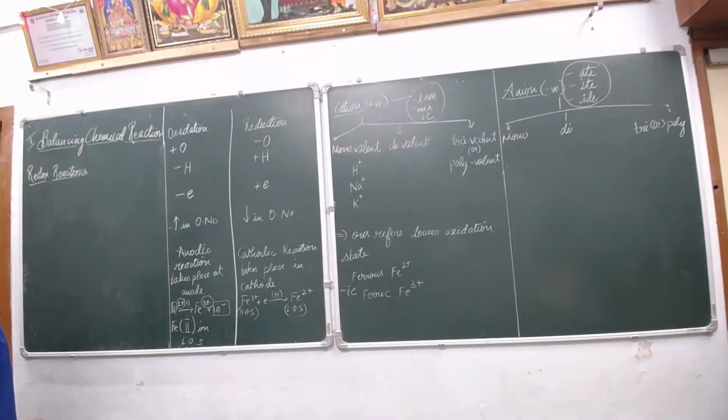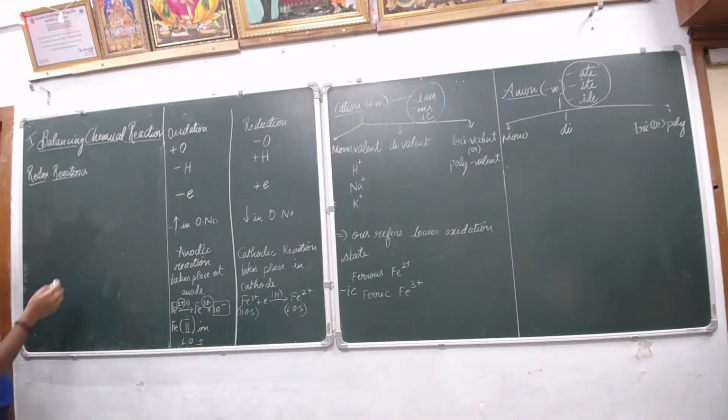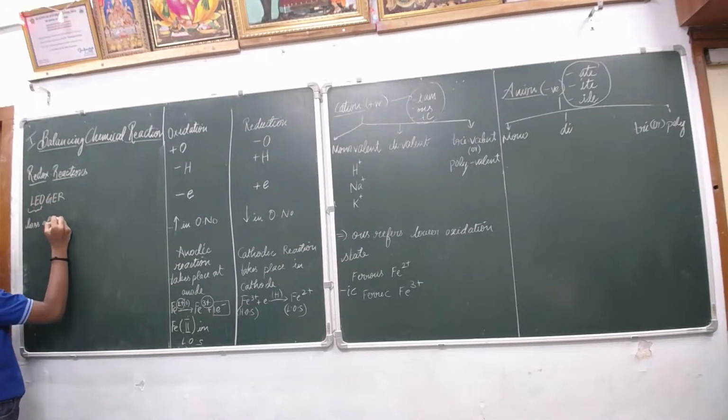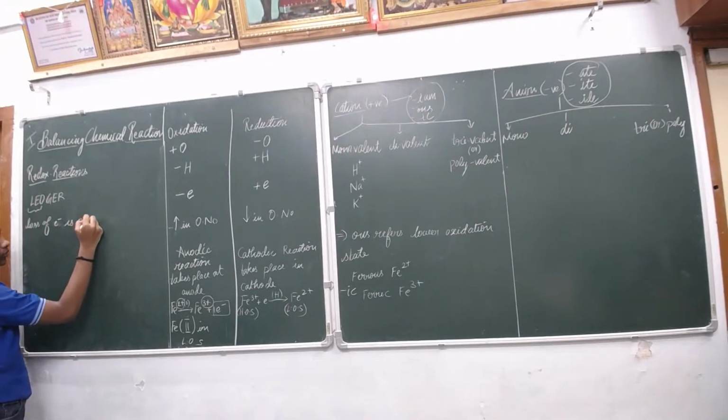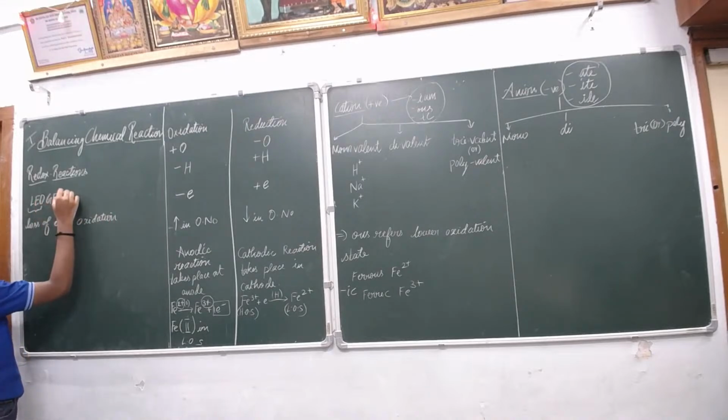You can write this separately there. LEO means loss of electron is oxidation. GER, gain of electron is reduction. So likewise, you can remember gain of electron is reduction.